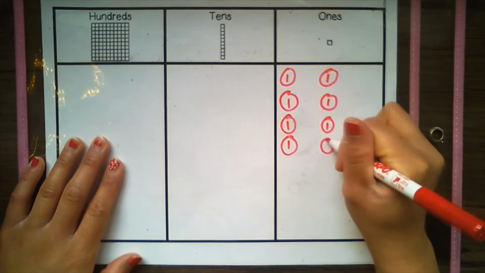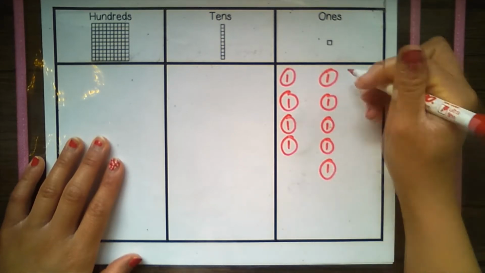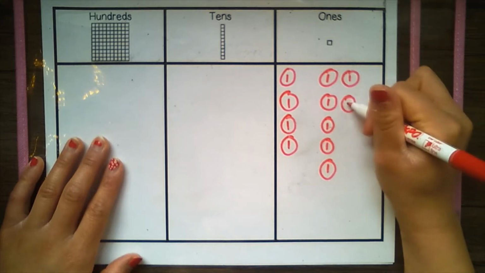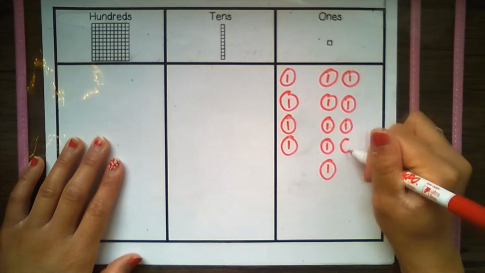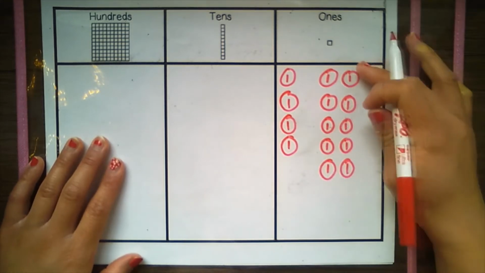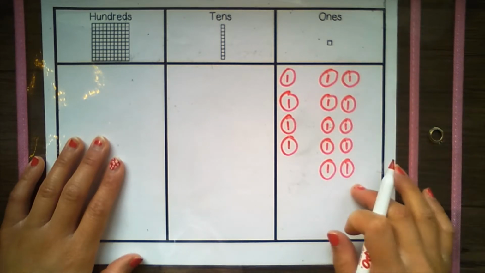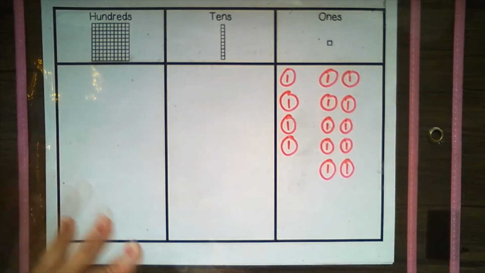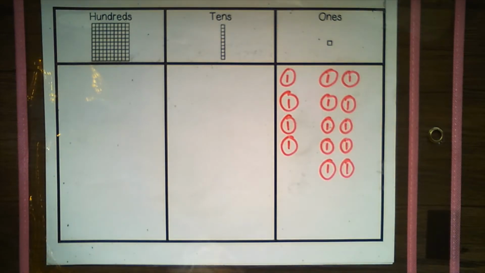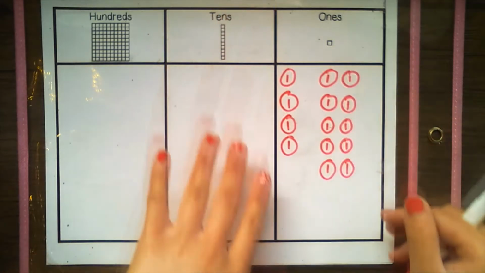And I'm going to use my 5 group or my 10 frame to help me show that. So I have 1 ten that turned into 10 ones, and then I still have my 4 ones here. What discs did we use this time? We used 14 ones.